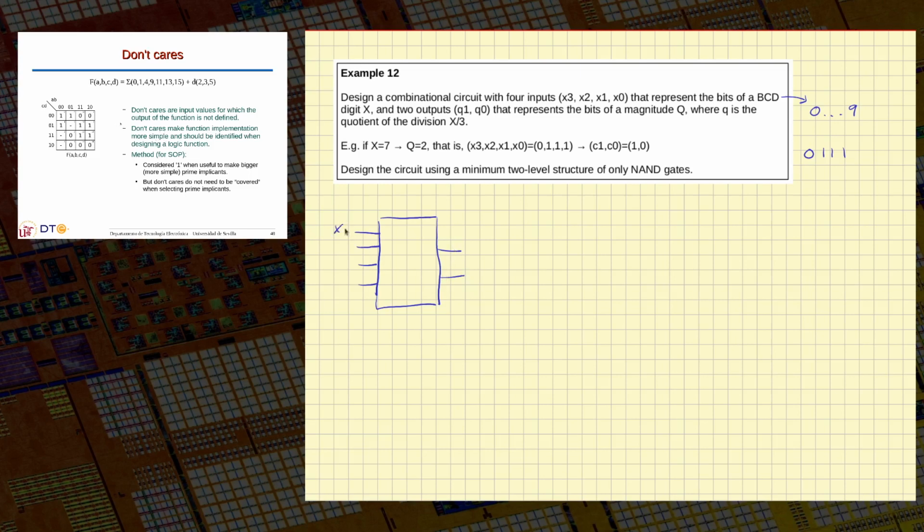The input is x3, x2, x1, and x0. The output will be q1 and q0. It's important to remember that all these bits represent a magnitude x, a magnitude composed of these 4 bits, and this output represents a number q, which is formed by these bits.